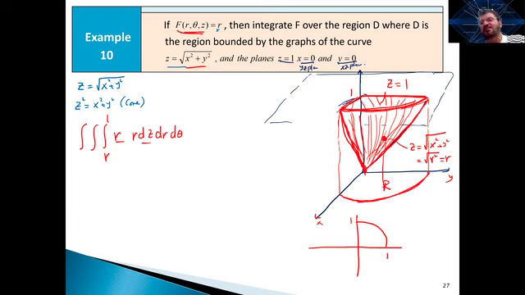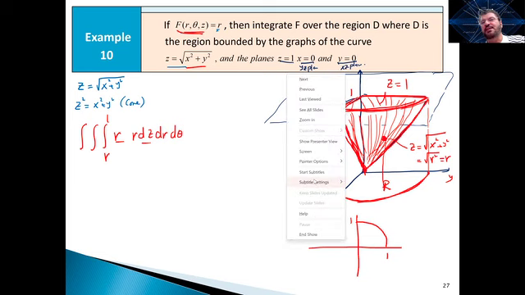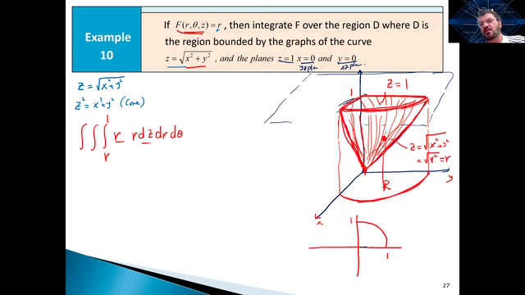What do we do now? Take any R. What's the distance? From 0 to what? To 1. So R is from 0 to 1. Then to cover the whole region, we're going to move this way to cover the whole region.